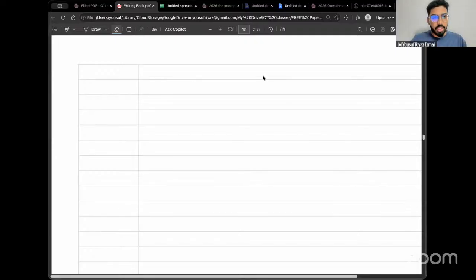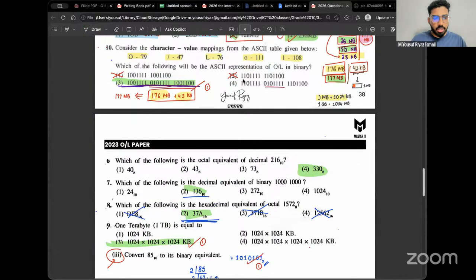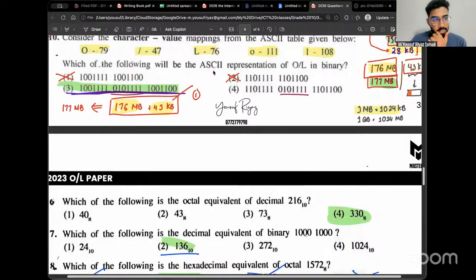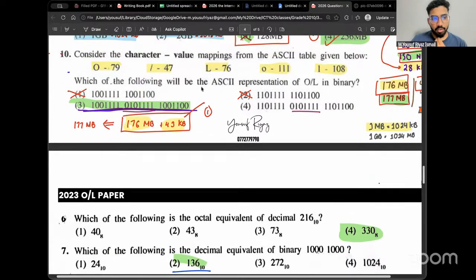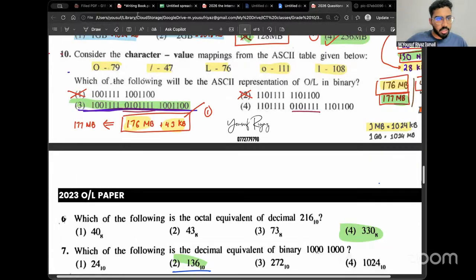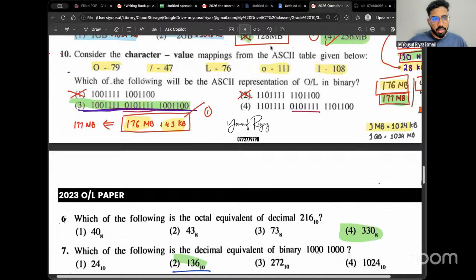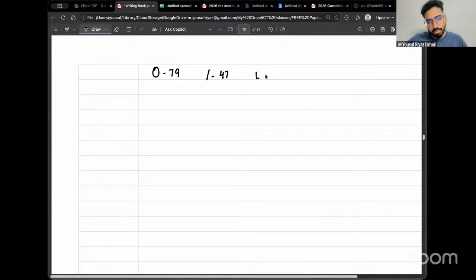Okay, let's come back to the context. If you get a question like this, consider the character value mapping for ASCII. Here they have mentioned capital O is 79 and slash is 47, and capital L is 76.